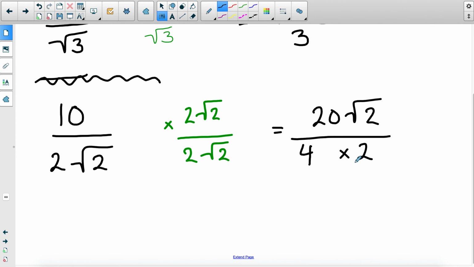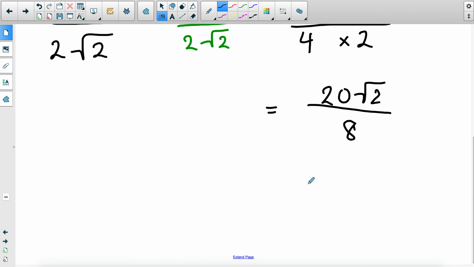If you still ended up with a surd, it means you did something wrong. Either you multiplied by the wrong surd or you missed out on one of the properties. So in this case, I can write this as 20 square root of 2 over 8.